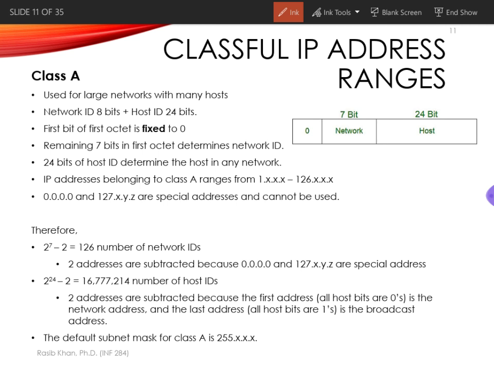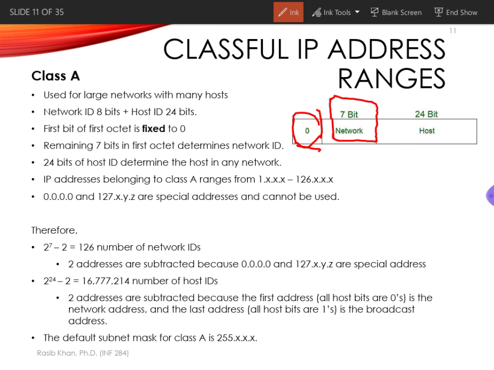So for class A addresses, we know that the first bit is set to 0 and we cannot change the first bit. So we can only change the remaining 7 bits to generate different combinations of the network ID.